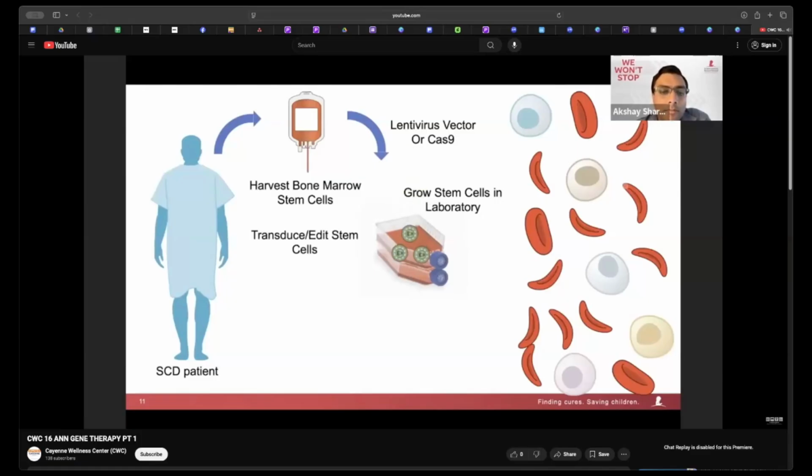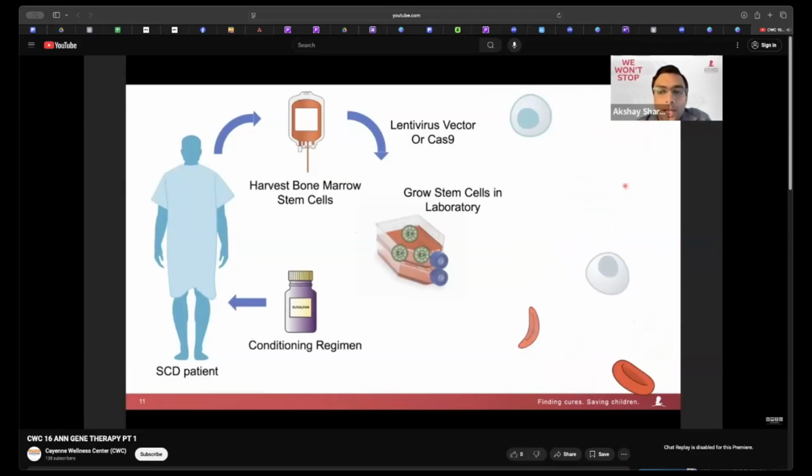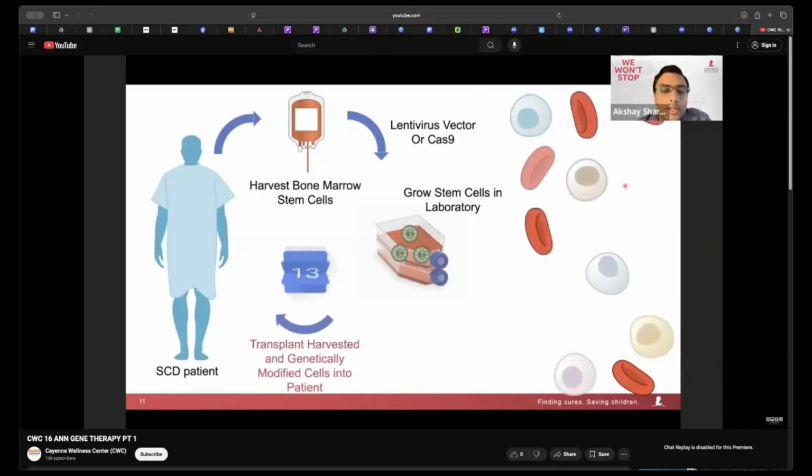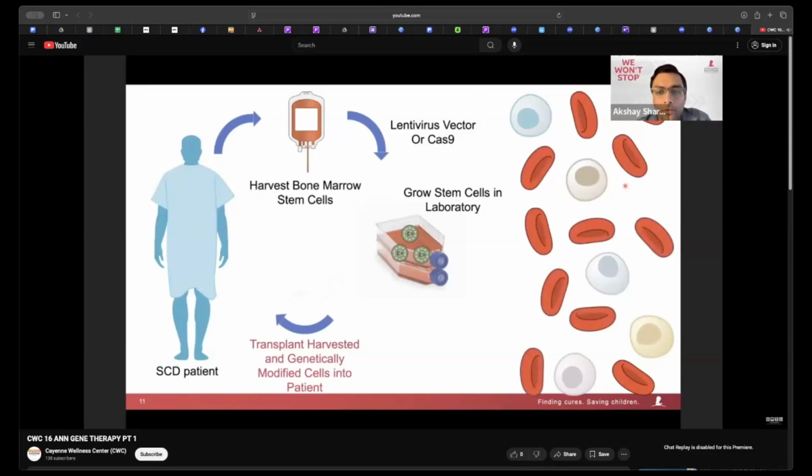Once these cells have been modified, we still have to use chemotherapy to wipe out the sickle producing cells. And once these cells have been completely wiped out from the bone marrow, we infuse these genetically modified cells into the patient and wait for a couple of weeks for them to grow. And as they grow, they start making normal blood cells, and the person doesn't have sickle cell disease anymore.